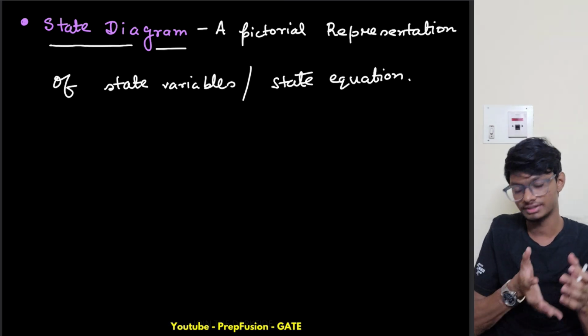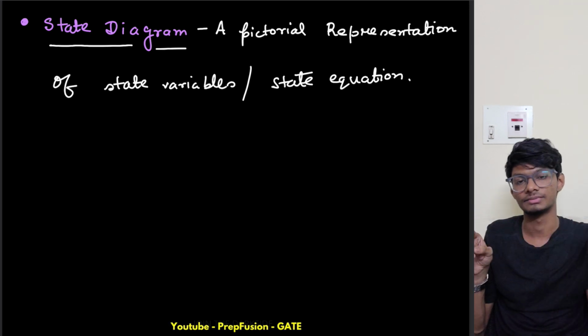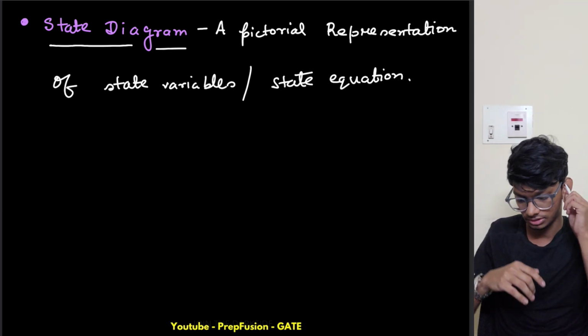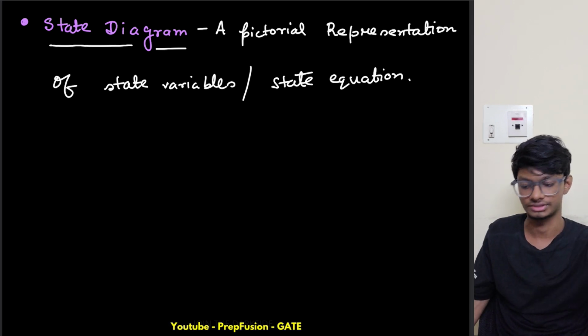Basically we will simply draw a signal flow graph, just as we learned in the previous chapters.